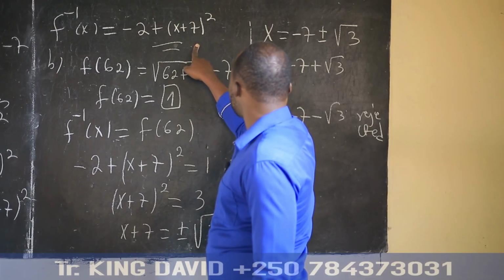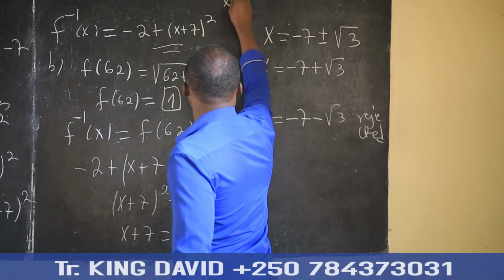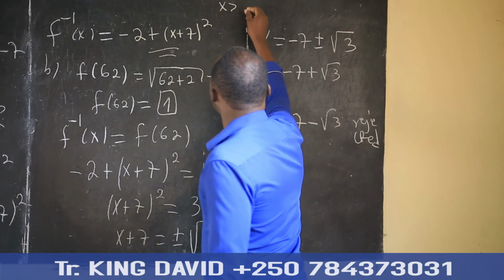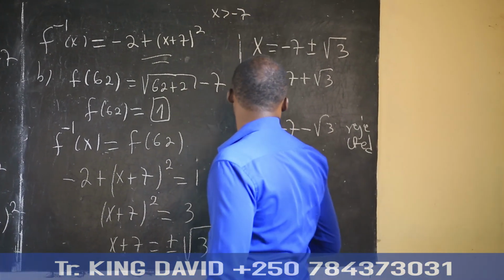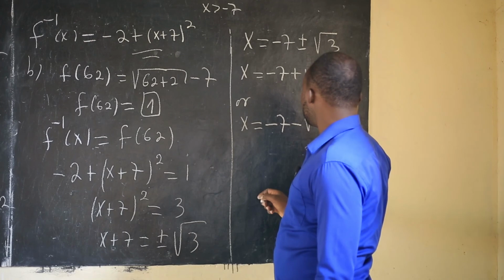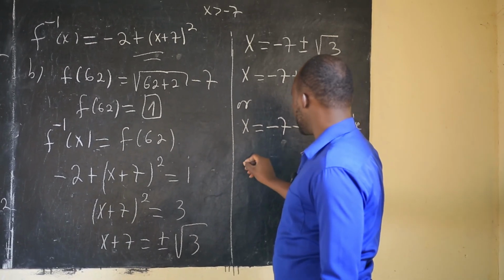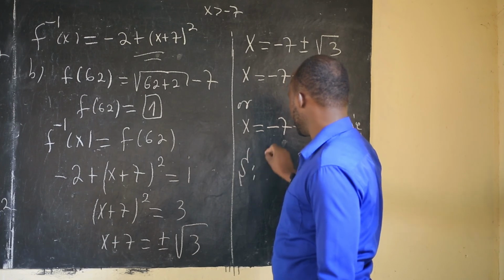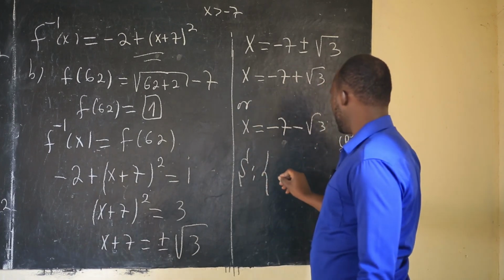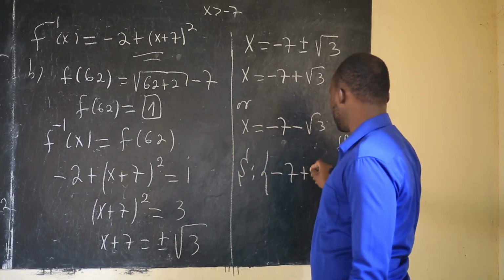X must be greater than what? X must be greater than negative 7. So now, this will be rejected. So the only solution for x is negative 7 plus root 3.